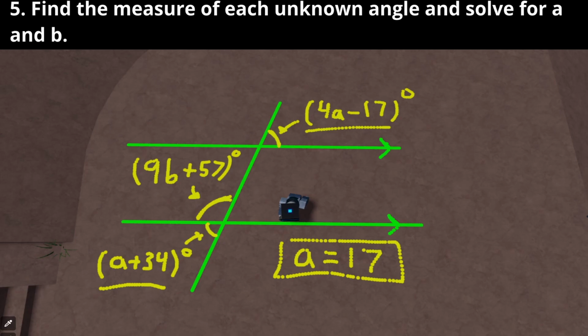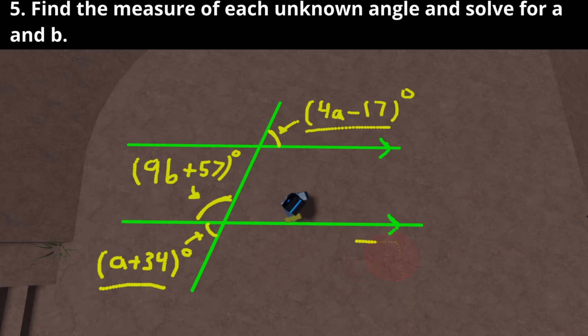Now, let's use that to solve for a plus 34 and 4a minus 17, so I can find those unknown angles. So first, a plus 34, to find that angle, just plug in a equals 17. So I can just rewrite that as 17 plus 34. And 17 plus 34 is just 51.